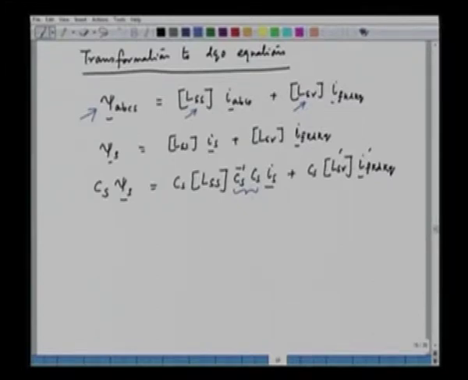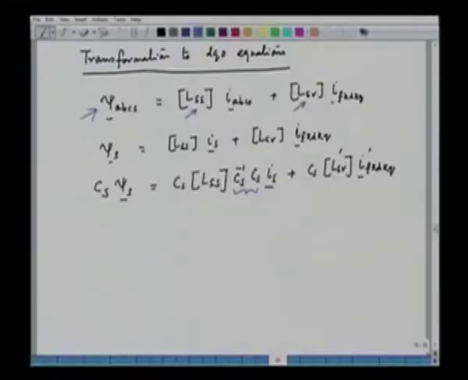Into I_S. I_S is the stator currents, which are I_AS, I_BS, I_CS. This is a vector, plus C_S into L_SR. Now we can convert this L_SR into L_SR prime by suitably multiplying the number of turns into I_F, I_KD, I_KQ prime. So when we multiply by the suitable number of turns, we can convert the rotor currents into the currents referred from the primary side. This is what we have.